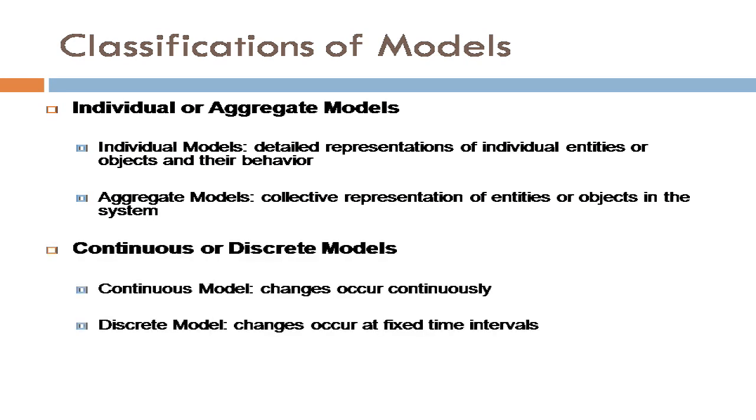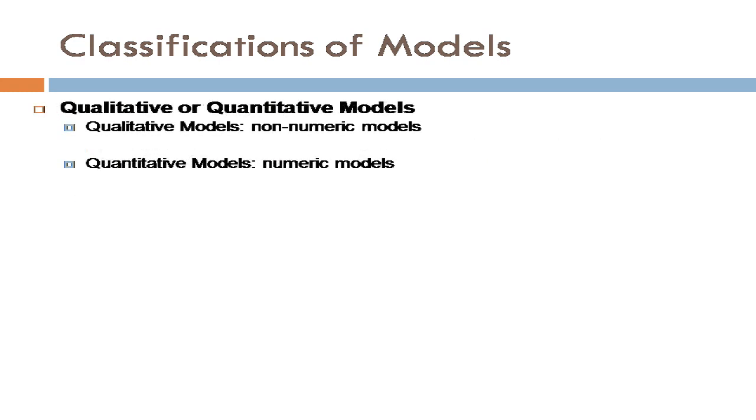And then your continuous or discrete models. Continuous models, changes occur continuously, whether this is in time or space, compared to discrete models where changes occur at fixed time intervals. And then your models can also be qualitative only, non-numeric models, or they can actually be quantitative.